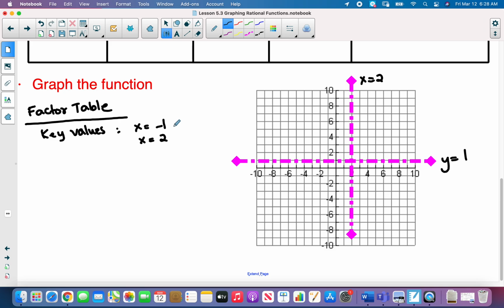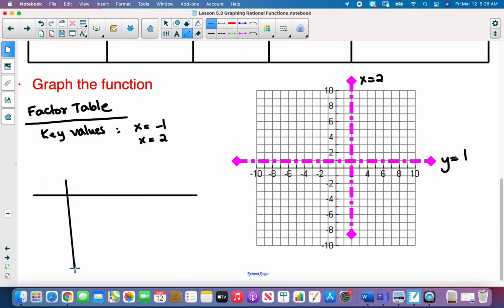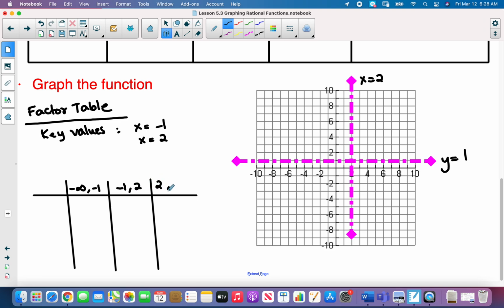And so we're going to take our factor table from negative infinity to negative 1, and then from negative 1 to 2, and then from 2 to infinity. So we're going to draw intervals going from negative infinity to negative 1, and then from negative 1 to 2, and then from 2 to infinity. And look at what our function behaves like in those breaks.